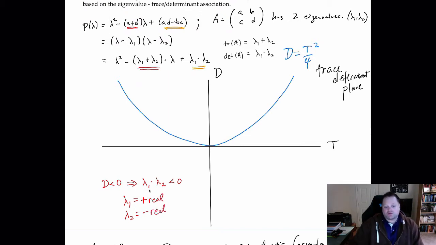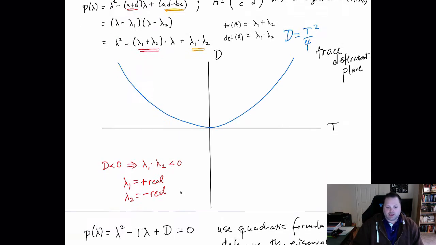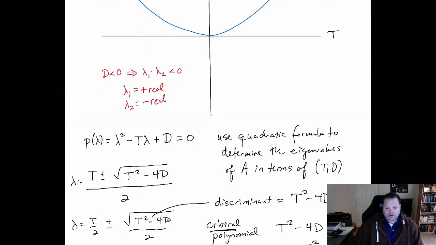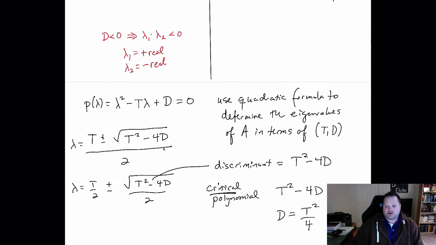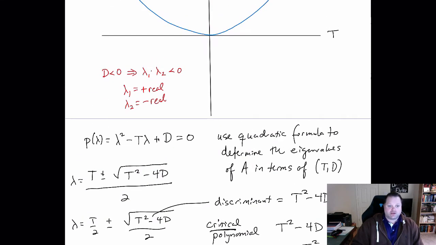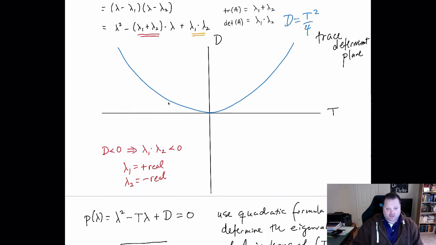Keep in mind, the reason I know these are real roots is here: the determinant being less than 0, I've got a negative determinant. Do you see that this quantity is real no matter what the trace is? Because if d is negative, a negative times a negative makes that positive, plus t squared is positive. I must have real eigenvalues in this case. So I get one positive real eigenvalue and one negative real eigenvalue, and we've talked about that before.